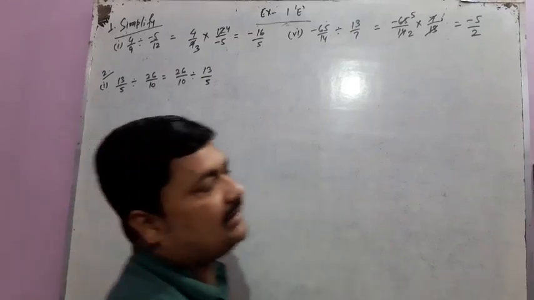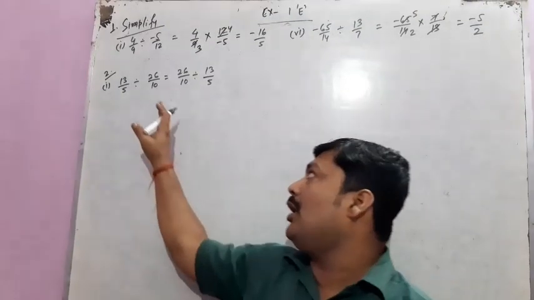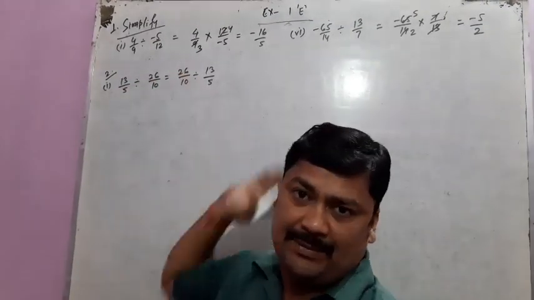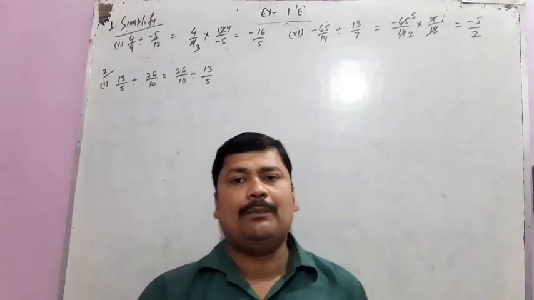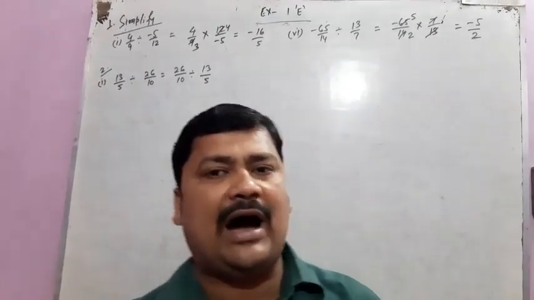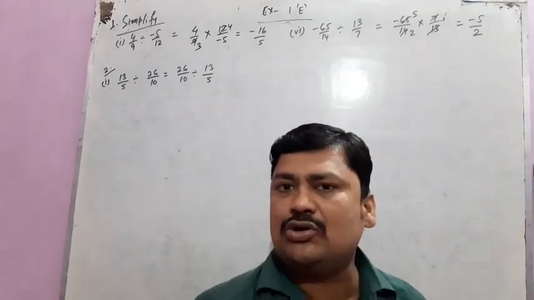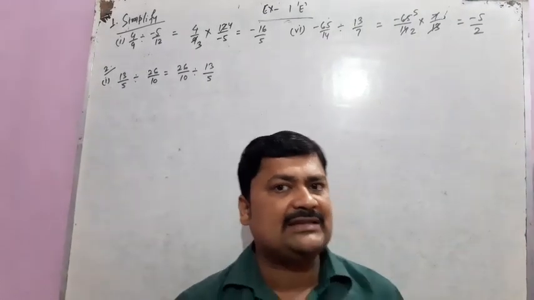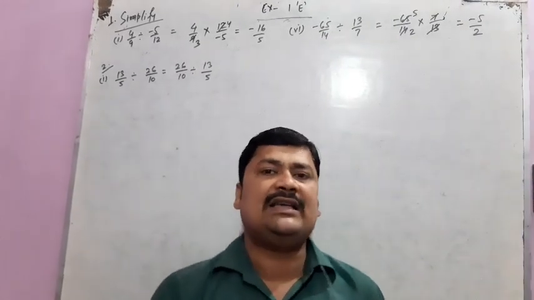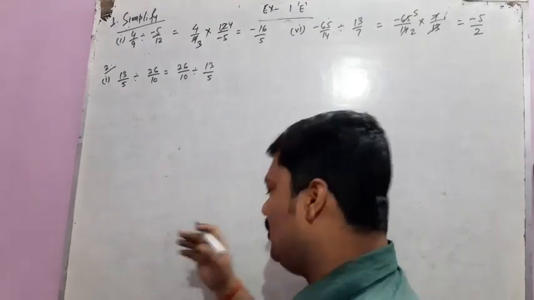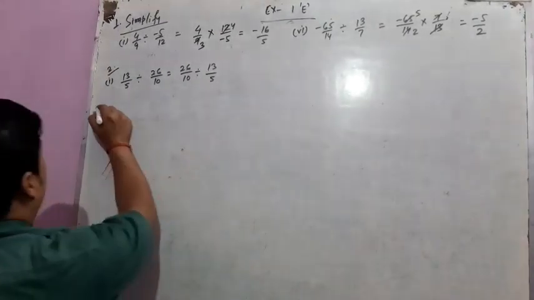For solving this question, we have to solve the LHS and RHS separately. If the value of LHS is equal to RHS, then the statement is true, and if the value of LHS is not equal to RHS, then the statement is false. So, separately we have to solve the terms.